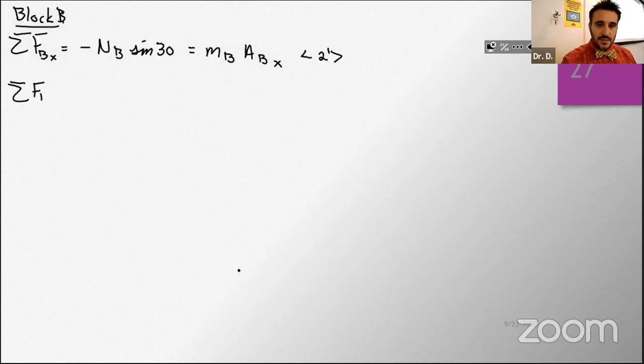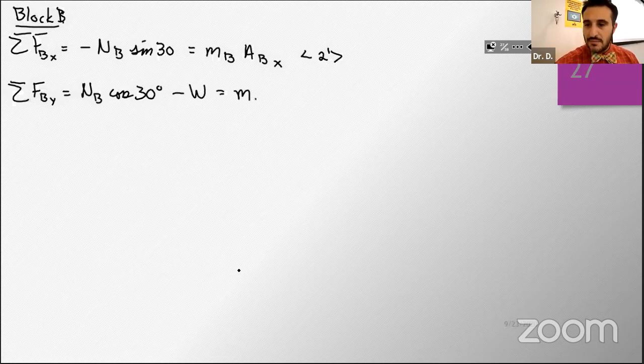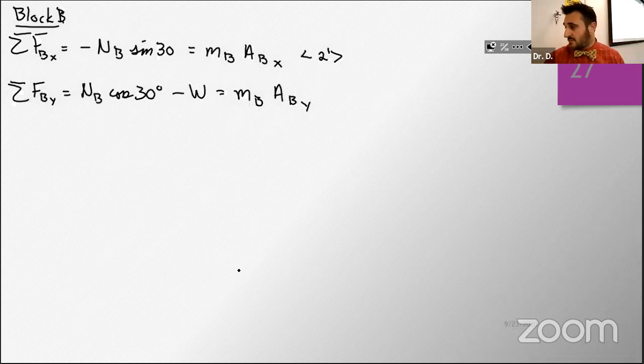I also need to sum my forces in the Y. In that case, I've got N_B cosine of 30 degrees minus the weight equal to the mass of B times the acceleration of B in the Y direction. In this case, I can't call this 0, because I'm on an incline.